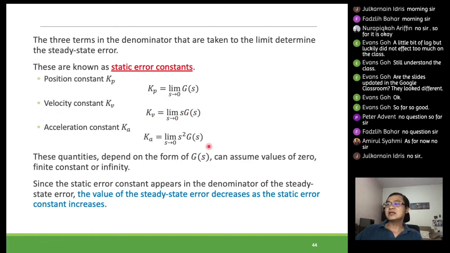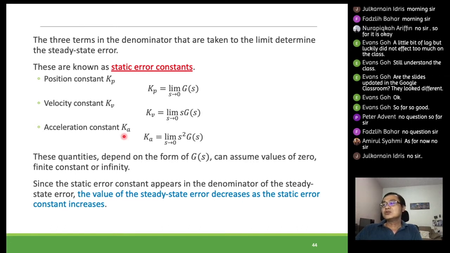Similarly, when we have s squared, then that would be an acceleration constant, Ka. Position, velocity, acceleration. So these are just terms that we would use, three terms that we use in the denominators, to identify or to estimate the steady state error.